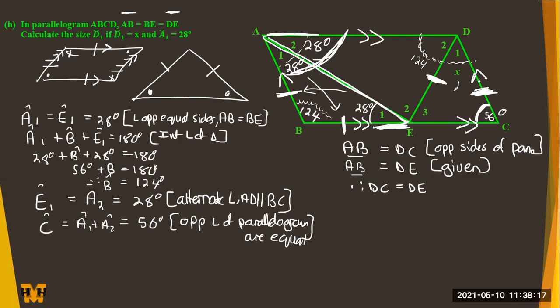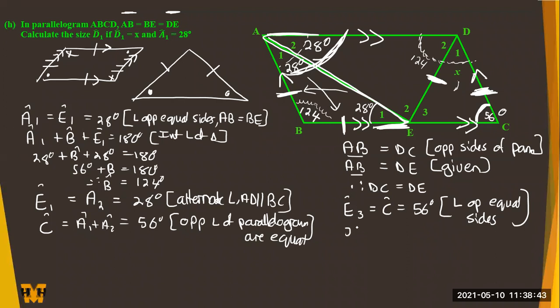And it forms an isosceles triangle. So from there now, I can say that angle E3 will actually be equal to angle C. That will be equal to 56 degrees. Angles opposite equal sides. Right? Because we just proved these sides are equal.